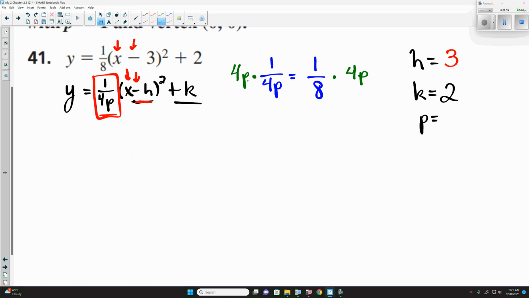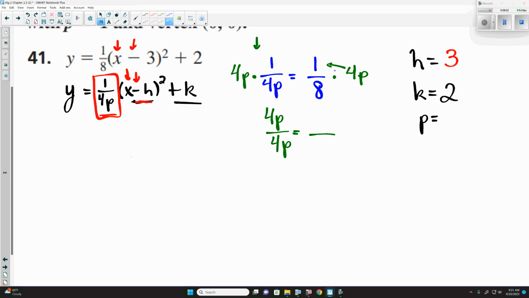I'm going to go on and step it out for us. Because when we multiply 4p times 1 over 4p, what it's telling us is that we have 4p over 4p. Because that 4p multiplies with the number in the numerator, and 1 times 4p is just 4p. The same thing's true on the other side.